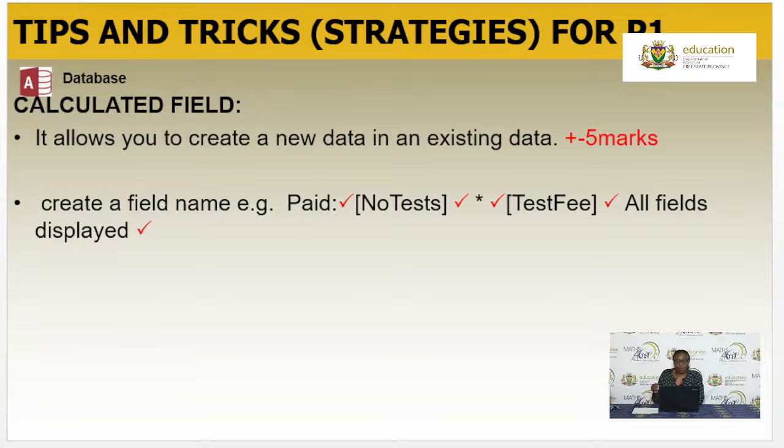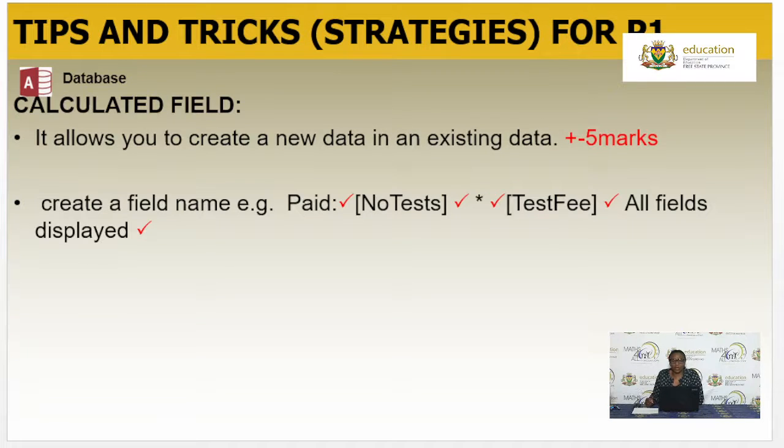When you create this new field, just typing, for example, Paid in a column without doing any calculation there, you get a mark for that. So you must not take it for granted when you read a question that says, insert a calculated field. You might think, how am I going to do this? I don't know how. But just to insert or create a new field, you get 1 mark for that.